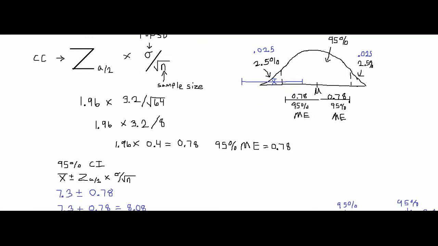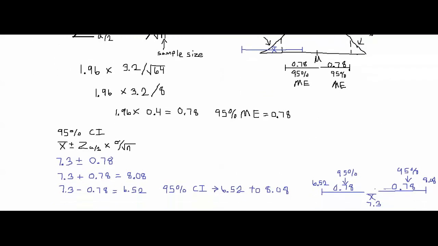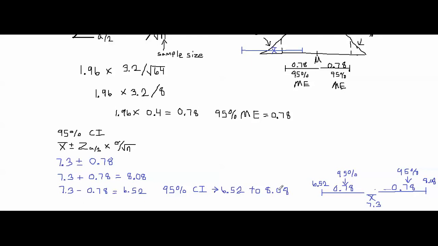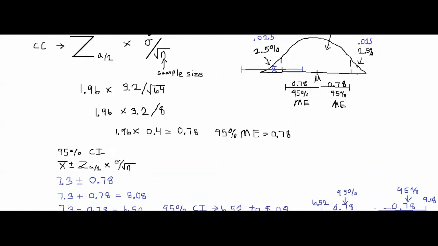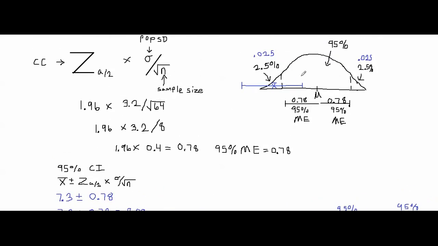Well, we already know that the upper end of my confidence interval came out to 8.08. So that's the upper end of my interval. The lower end came out to 6.52.